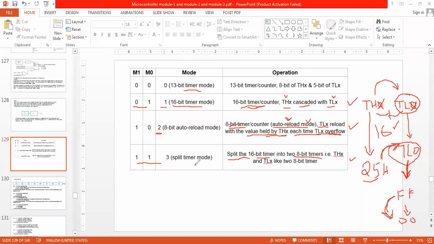TH will work as an 8-bit timer and TL will work as an 8-bit timer separately. They are working separately. In mode 2, only TLX is an 8-bit timer. In mode 0, we have to combine both, but only 8 bits of THX and 5 bits of TLX. This is the operation.